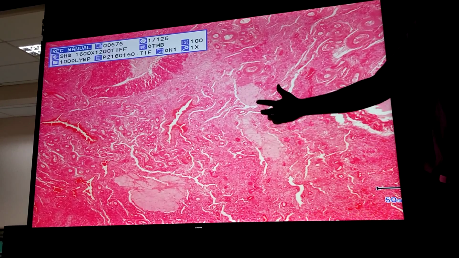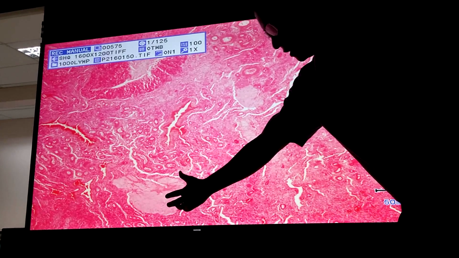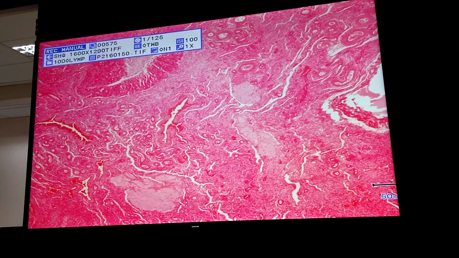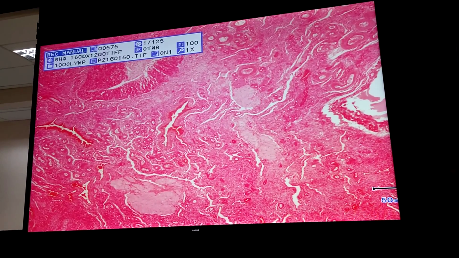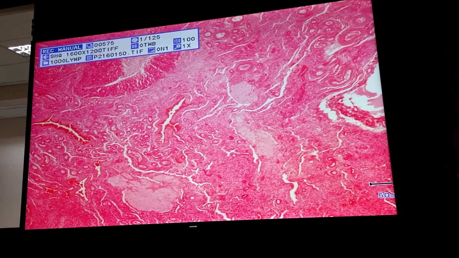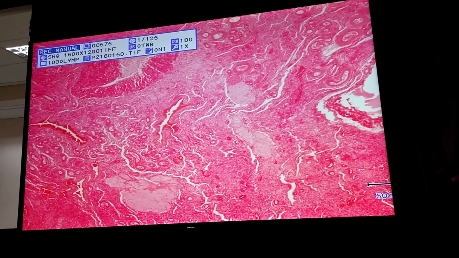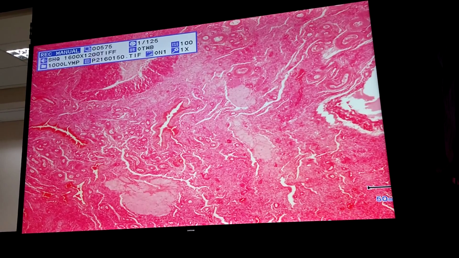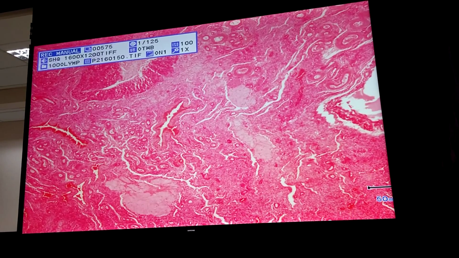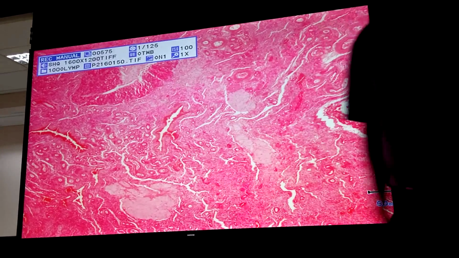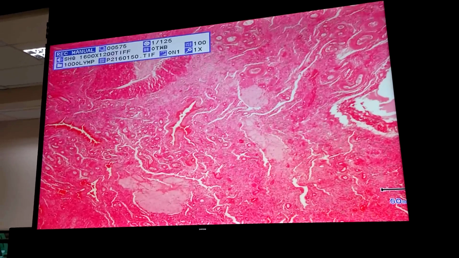So only the ovaries will contain these white structures, which will represent the degenerated granulosa cells. So these white bodies are called the corpus albicans, or the corpora albicans. So the degenerated forms of the corpus luteum.